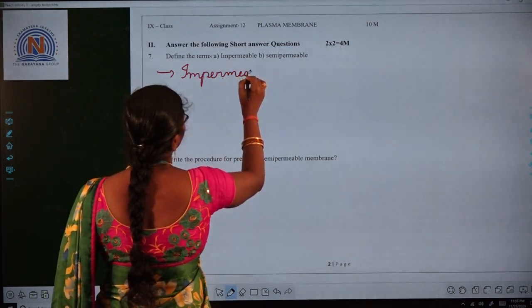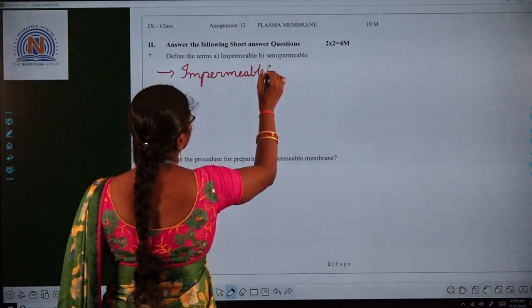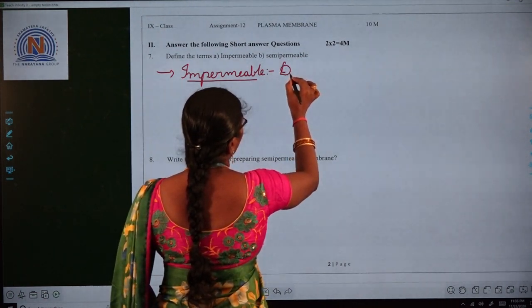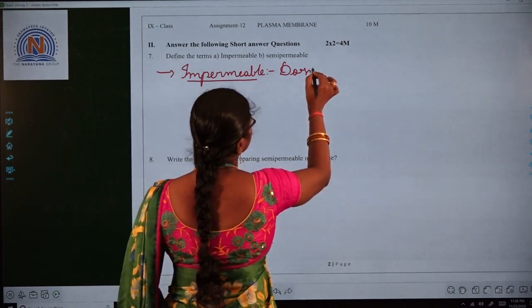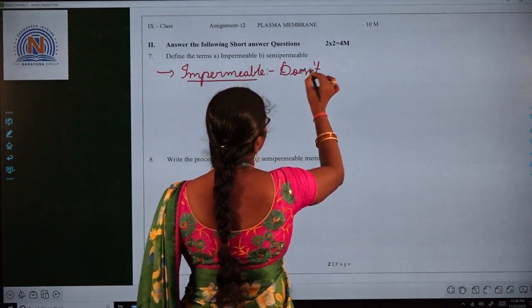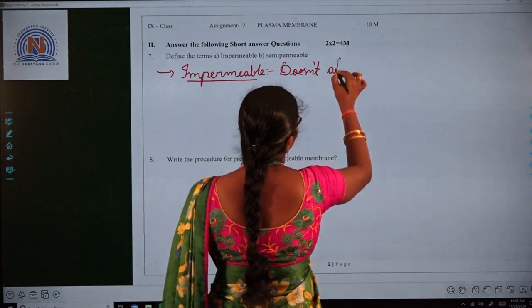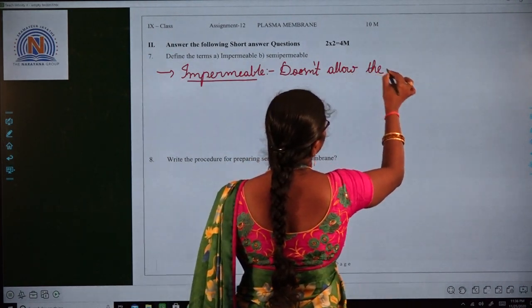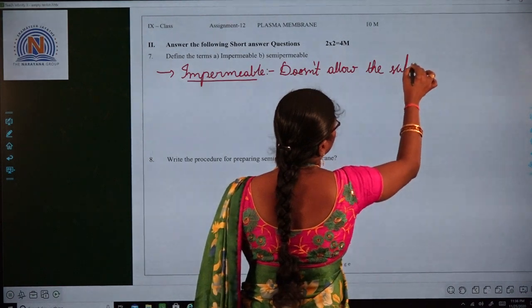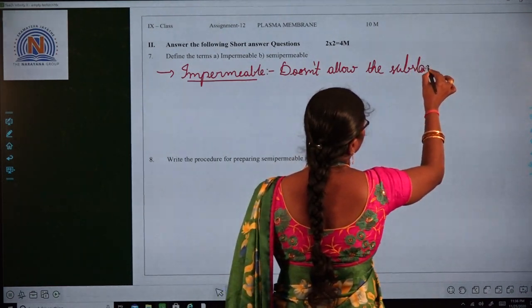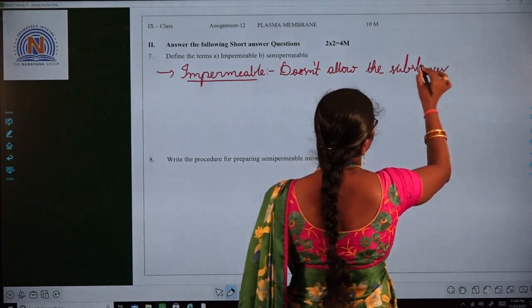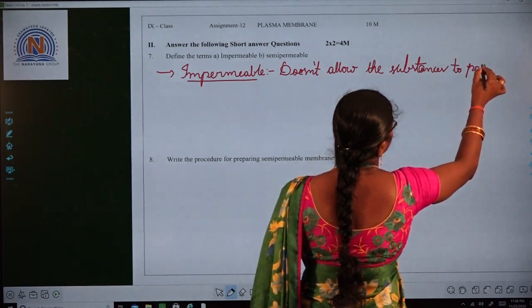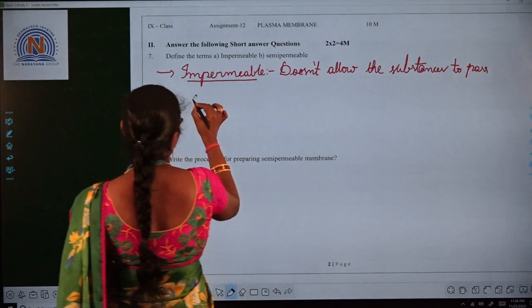Impermeable does not allow the substances to pass through it.